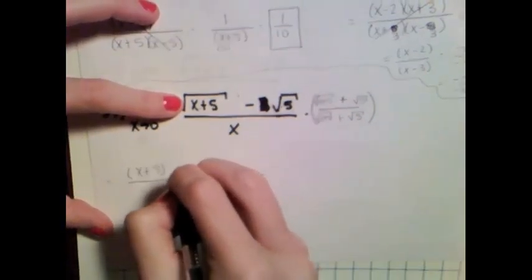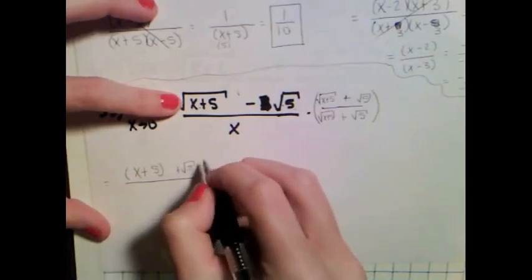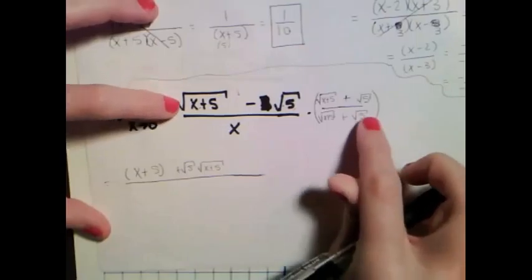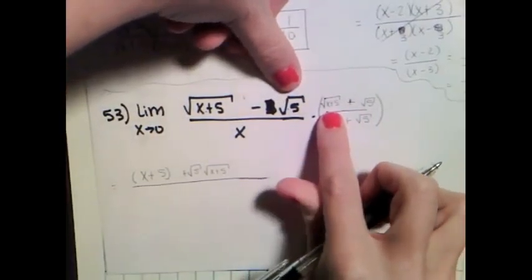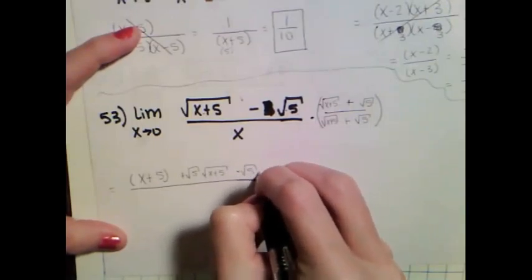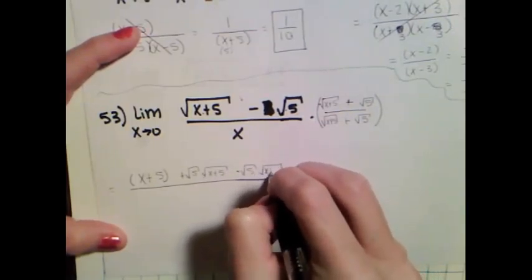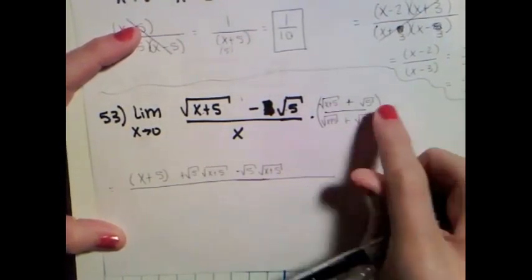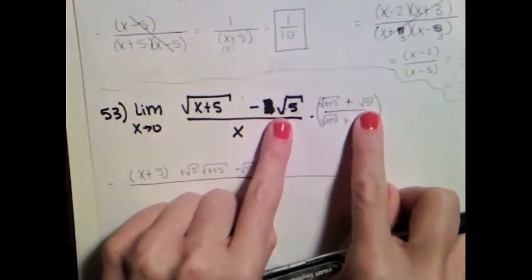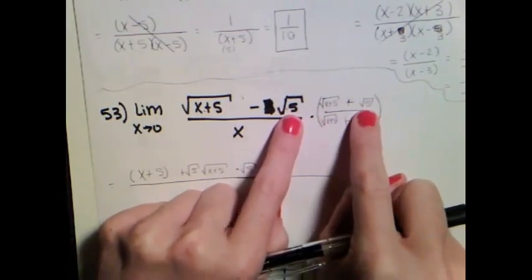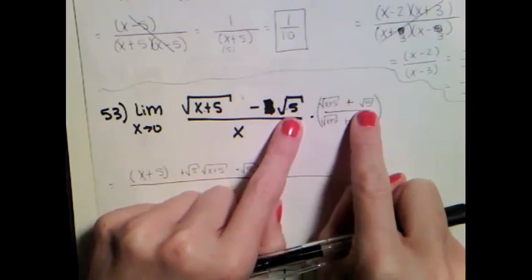Our outside terms is a positive square root of 5 times square root of x plus 5. Our inside terms would be negative square root of 5 times square root of x plus 5. And our very last terms, we're multiplying this times that, so we're squaring a square root.